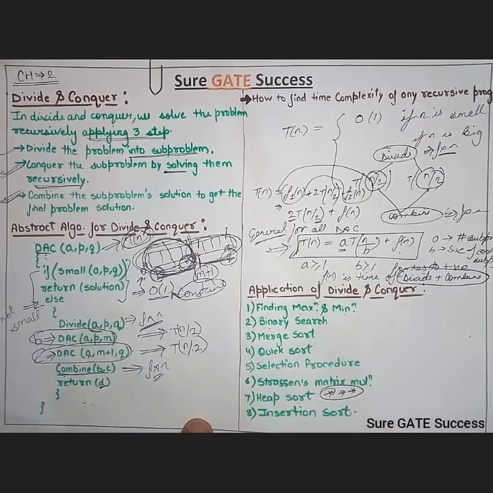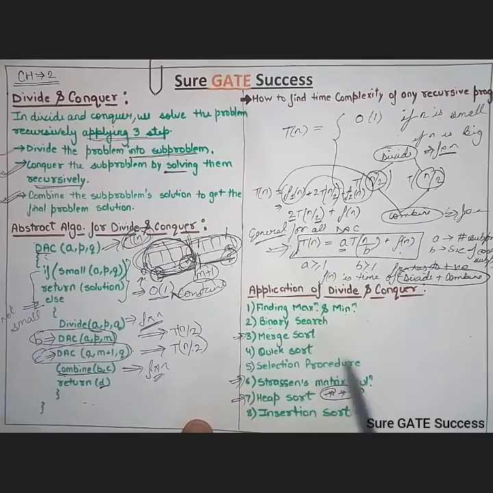No GATE paper for CSE will be designed without a problem from this topic. Merge sort is also an important one, and there is a possibility of Strassen's matrix multiplication. We have to study all, because we don't know where the rest of the questions will come from. But there will be a sure question from heap sort.